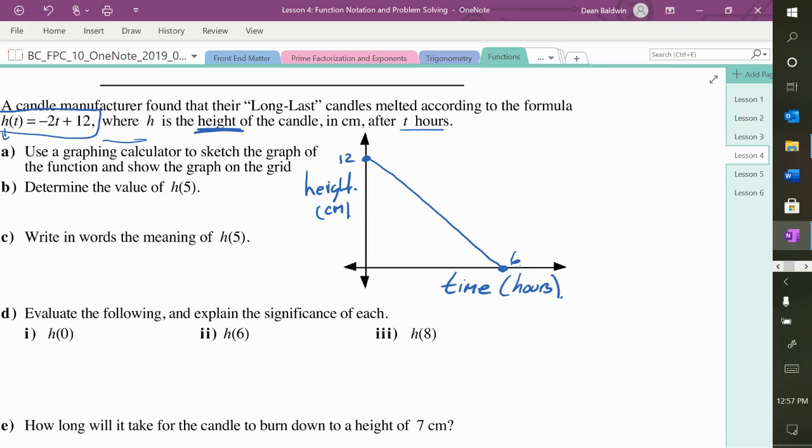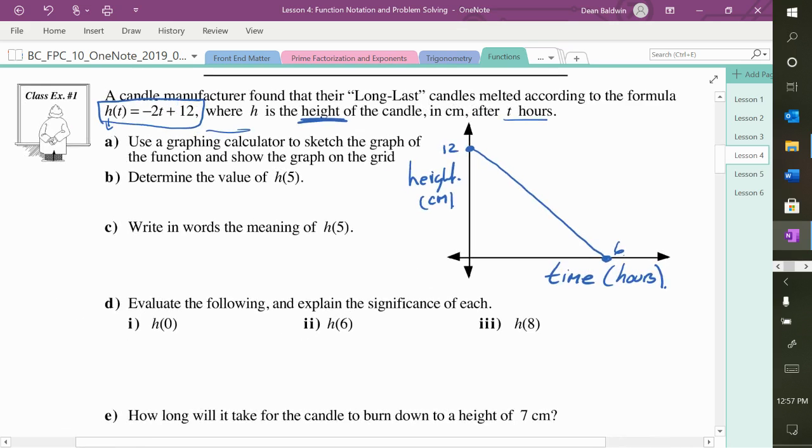Exactly. You burn a candle, it goes down. It doesn't grow. That'd be interesting if it did, but okay. In this case, there's no other values. We just made up where 12 and 6 are. So the graph just gives us a general idea of what's happening.